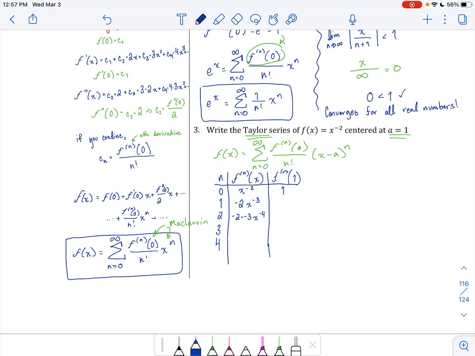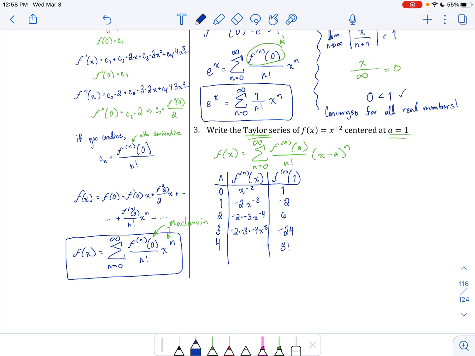If I plug in 1, we get 1, negative 2, positive 6, then negative 2 times negative 3 times negative 4, x to the negative 5, so this becomes negative 24. We could continue following the pattern. Hopefully you also notice it's alternating here. So then this is 3 factorial, 4 factorial, and this would be positive 5 factorial.